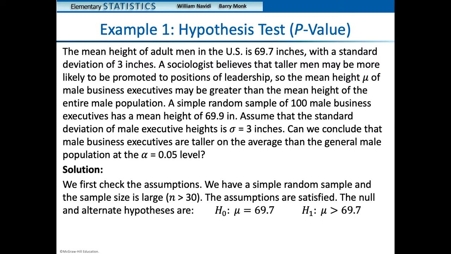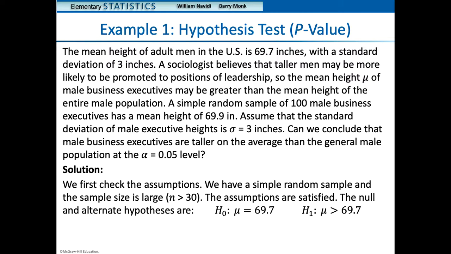The alternate hypothesis is the assumption that male business executives are on average taller than men of the general population. Because it says taller, it suggests an increase, so we'll set this up as a right tail test. Mu is greater than 69.7.